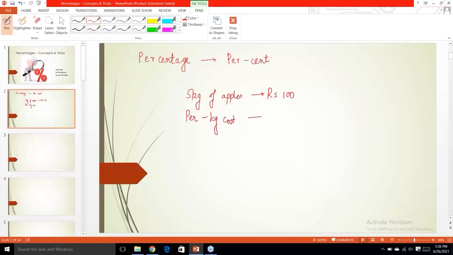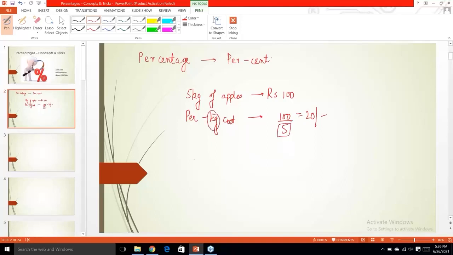You divide 100 by 5, and the per kg cost comes out to be 20 per kg, correct? Now per cent means per every 100.